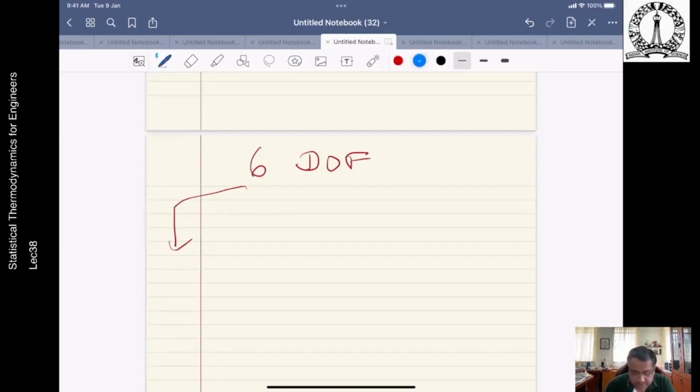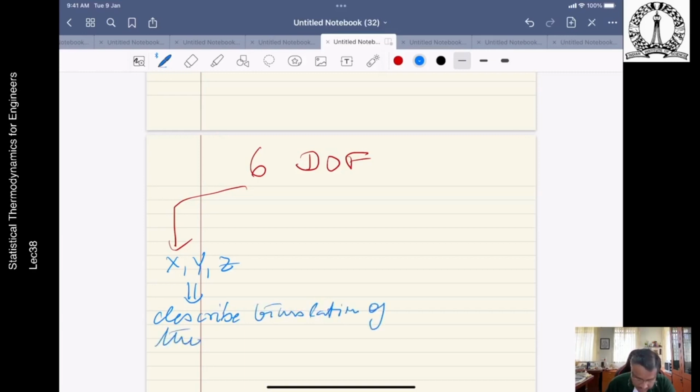We can first do this. Out of these 6 degrees of freedom, the first 3 degrees of freedom, X, Y, Z, are used to describe translation of the molecule's center of mass.